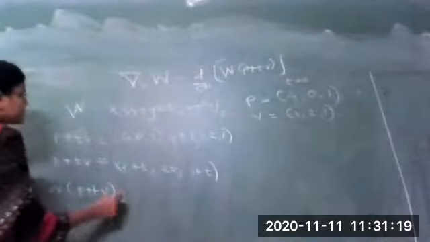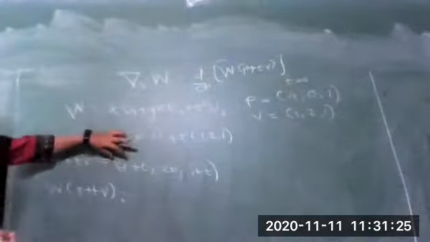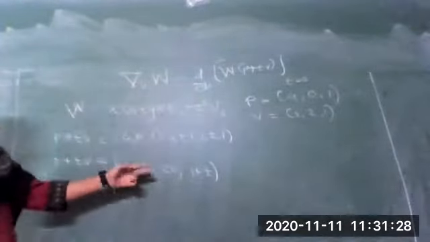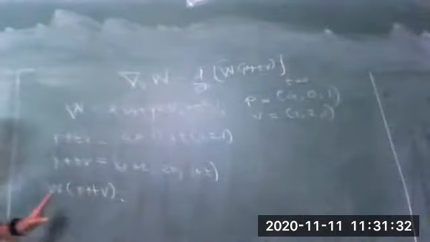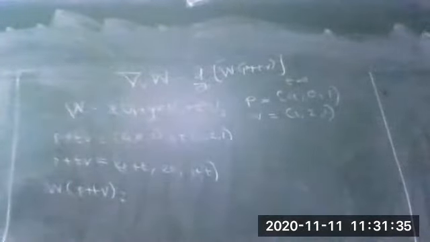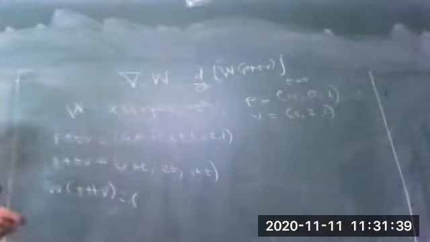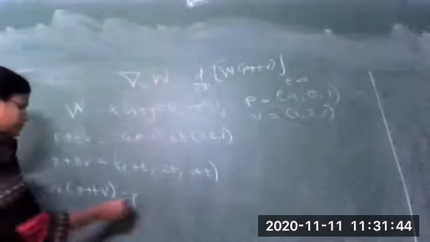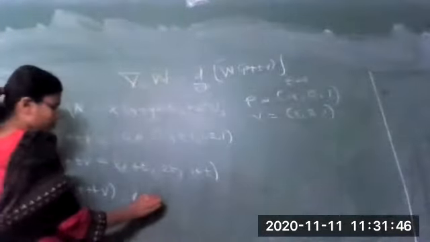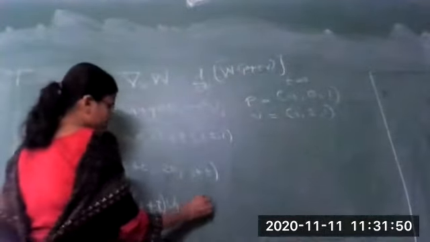Now this is important. If you remember, we found f of P plus TV also. Wherever you have x, you were writing 4 plus t, and wherever you have y, you were writing 2t. In a very similar way, you have to write W of P plus t. Wherever you have x, I write 4 plus t. So W of P plus TV is 4 plus t times u1, and the second one is y into z.